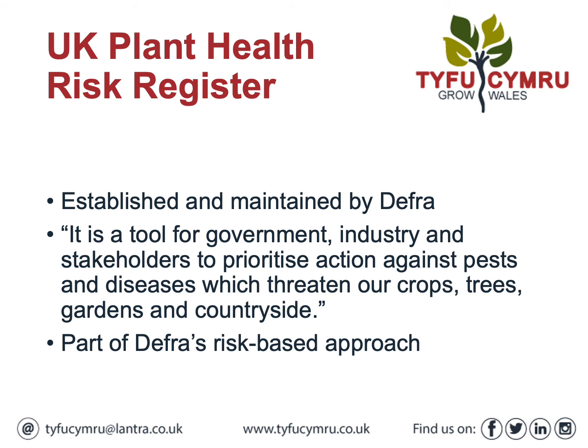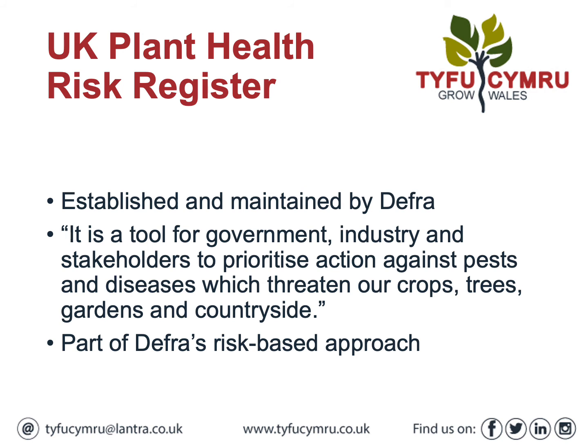You can also access the UK Plant Health Risk Register, which is a very important tool in our biosecurity measures. Now, this was established and it's maintained by DEFRA. And it's part of that overarching principle that I described earlier about risk-based approaches.